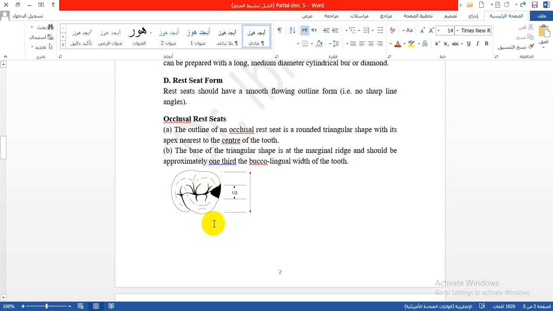B. The base of the triangular shape is at the marginal ridge and should be approximately 1/3 the buccolingual width of the tooth. So the base is toward the marginal ridge, and its width is one third of the distance between the lingual and buccal sides, as you see in the picture.